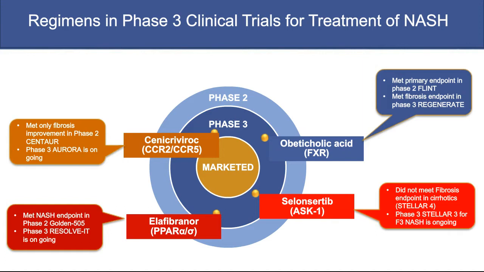It suggested that 25 milligrams of obeticholic acid did meet the fibrosis endpoint, but not the steatohepatitis endpoint, according to the study definition. Of course, additional data will be published soon about obeticholic acid.